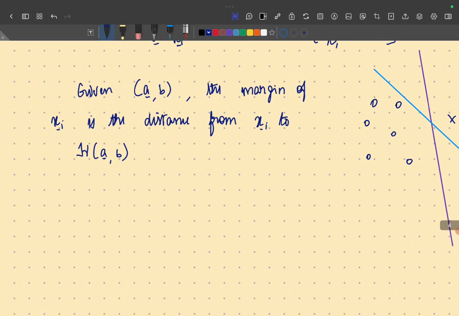Among all of the i's, I can try to find the minimum margin among all of the points.